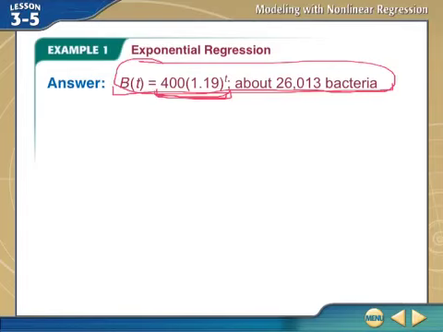The question asked us for an exponential regression equation or model, and then to use that equation to predict at x or t equals 24. They used t as their x value and b of t, which is bacteria at time t, and they got 26,013. So again, depending on the rounding, you'll have approximately what they have here.